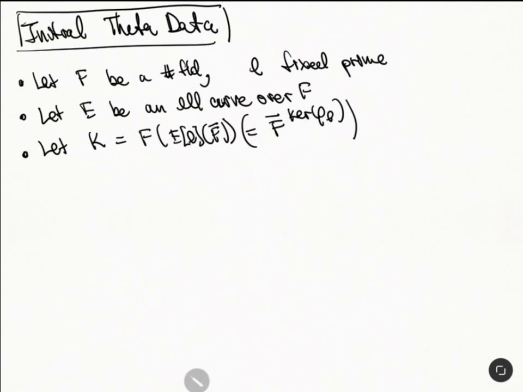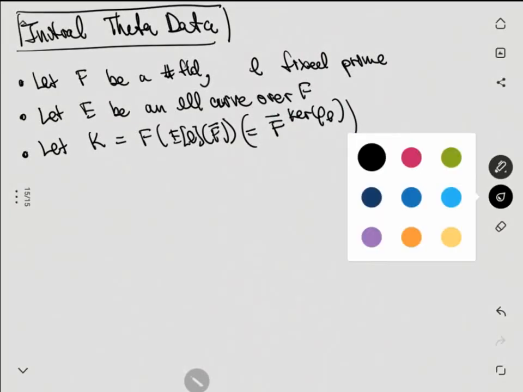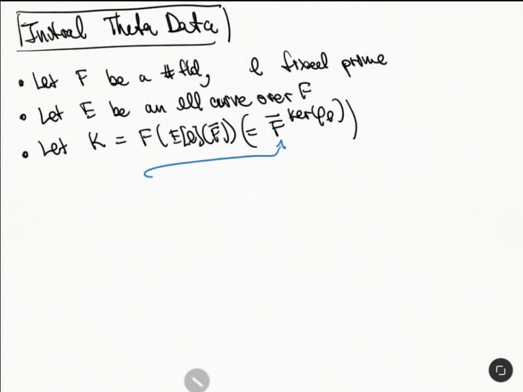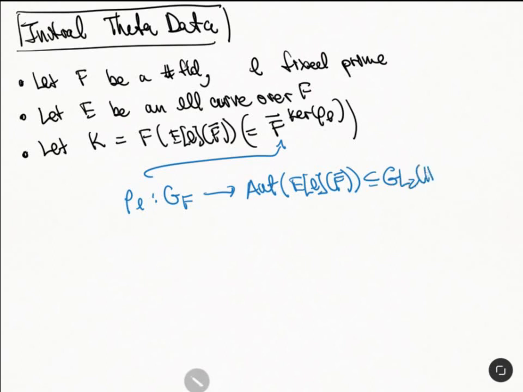Here rho_L is this Galois representation, the mod L representation on E[L](F bar), and after choosing a basis, this is contained in GL_2(F_L), since E[L](F bar) is isomorphic to F_L squared.